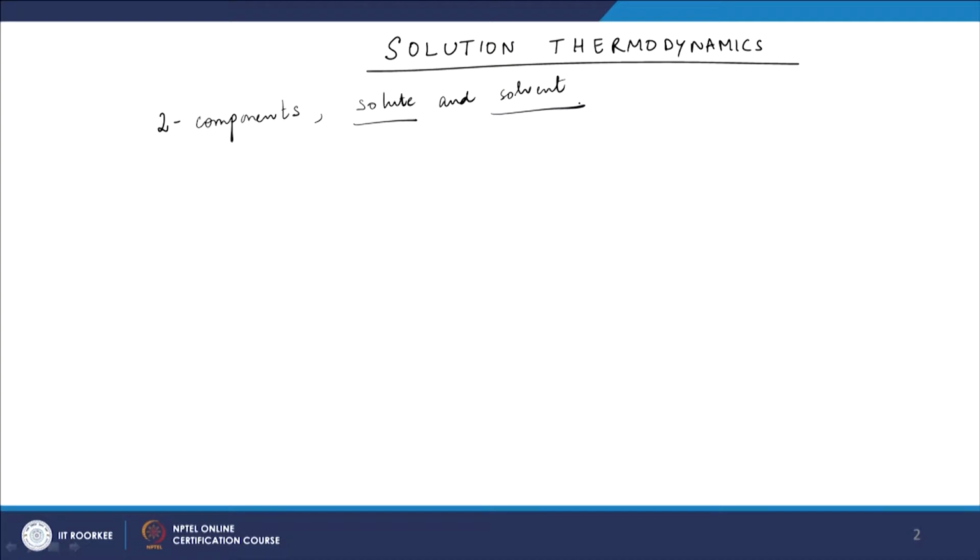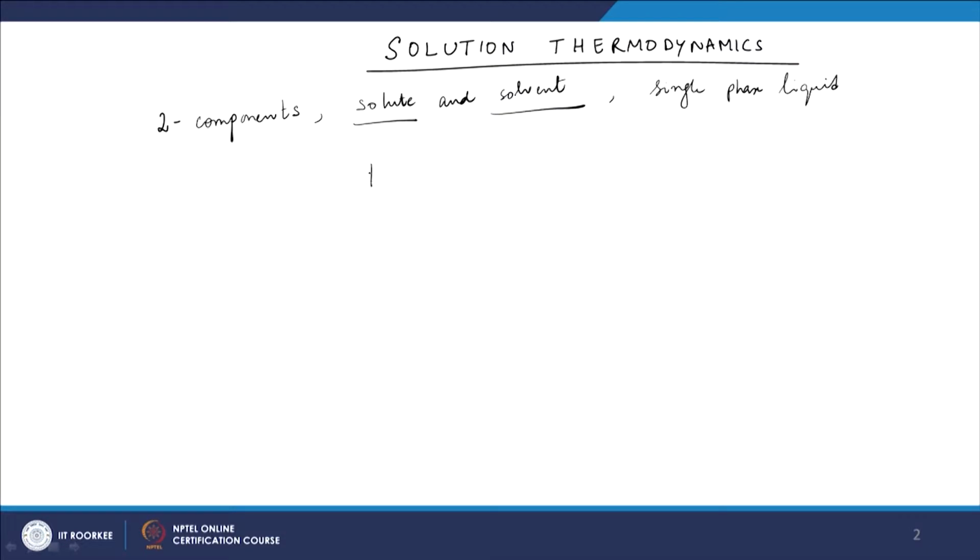These are my two components and it is a single phase liquid to begin with. Okay, we will come back to the idea about phases in a moment, but let us say it is a single phase liquid to begin with.